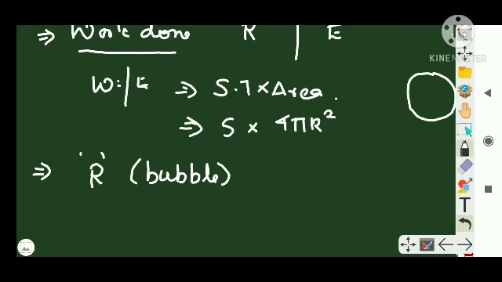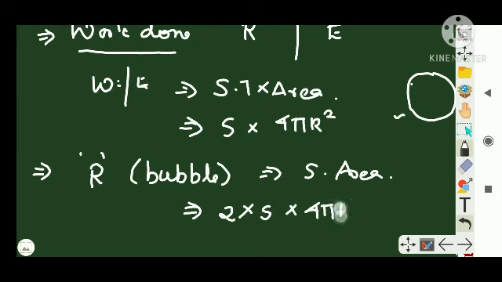Work done, again remember, is surface tension into area. Now bubble means there are two surfaces. It is not in liquid, it is in air, so two free surfaces. So I will write it as 2 into surface tension, and area will be 4 pi r squared. So it will be 8 pi r squared S.